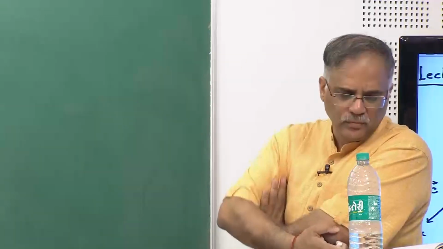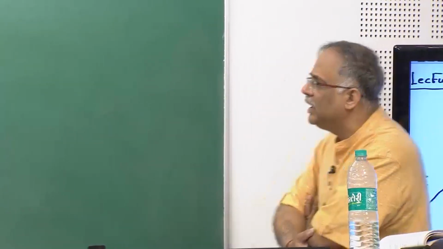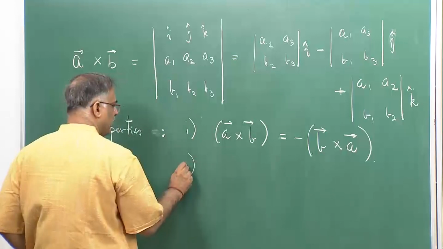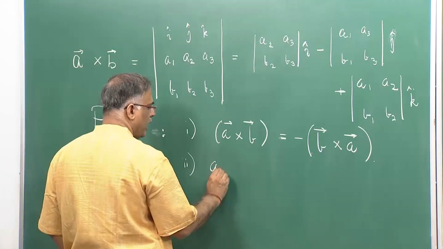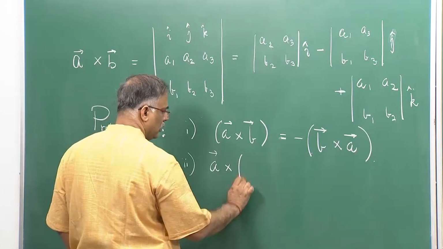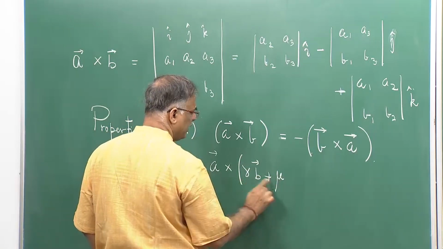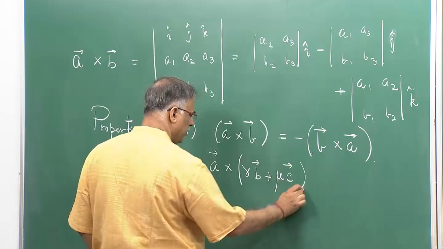And suppose now I distribute. It follows a kind of similar law of arithmetic: if I distribute this cross product over the addition of two vectors, that is A cross (gamma B plus mu C), where gamma and mu are real numbers and B and C are vectors, scalar multiplied.